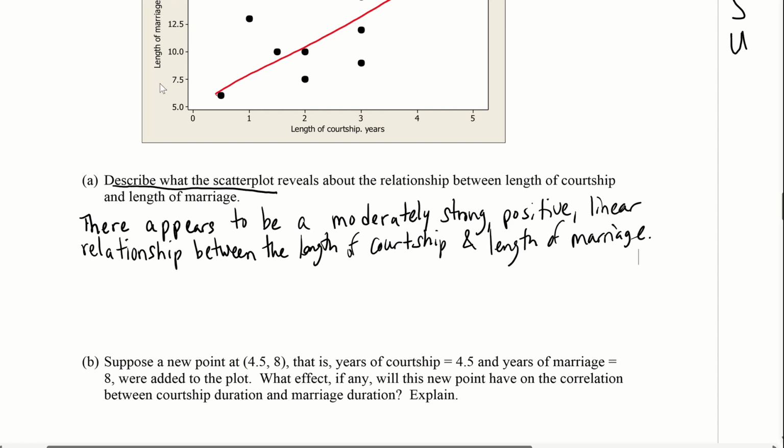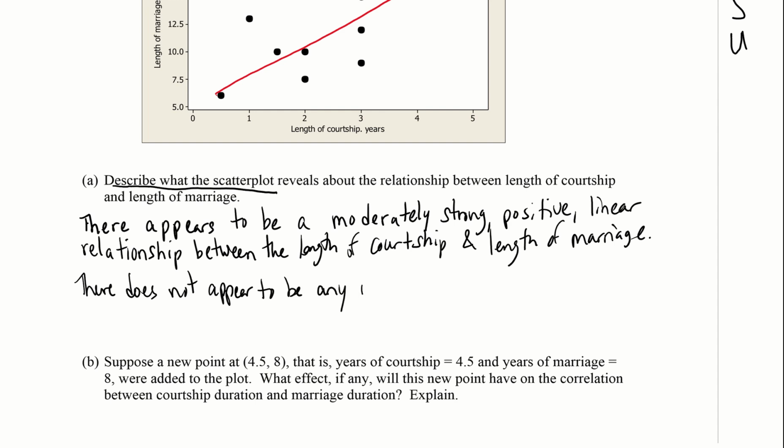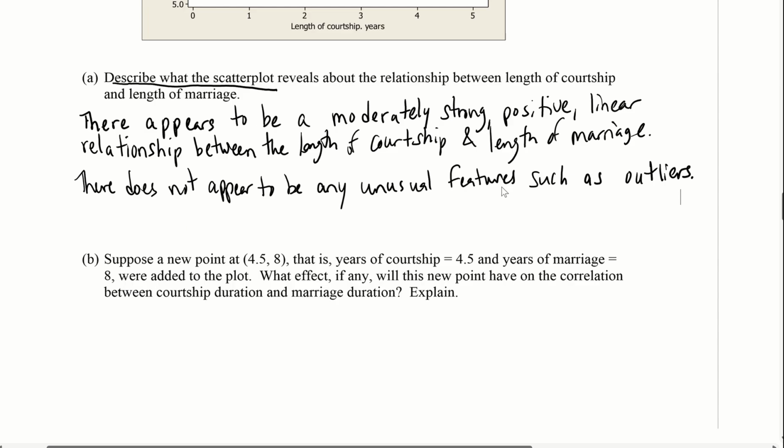There's no unusual features, so we don't necessarily have to include that, but I can include that here. That does not appear to be any unusual features such as outliers. Okay, so there's part A.